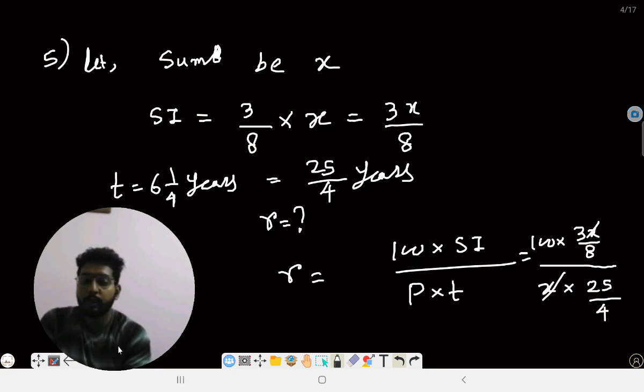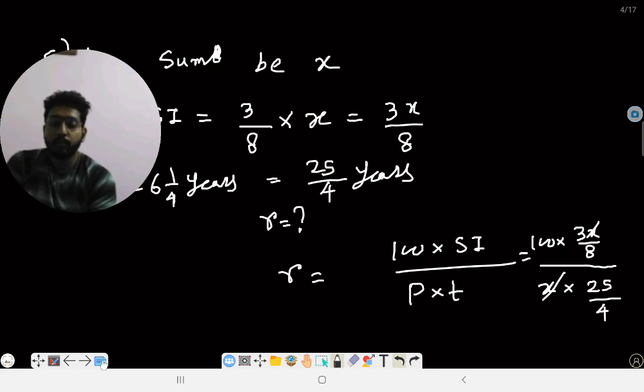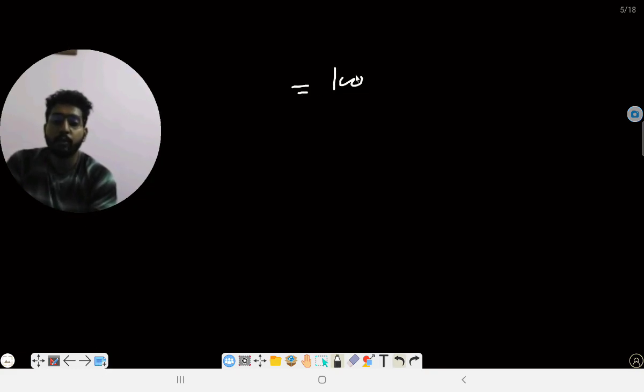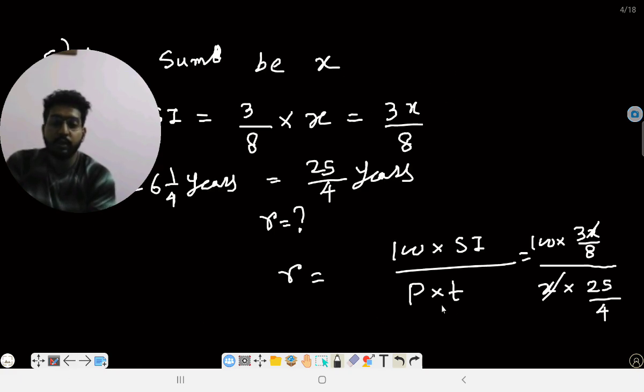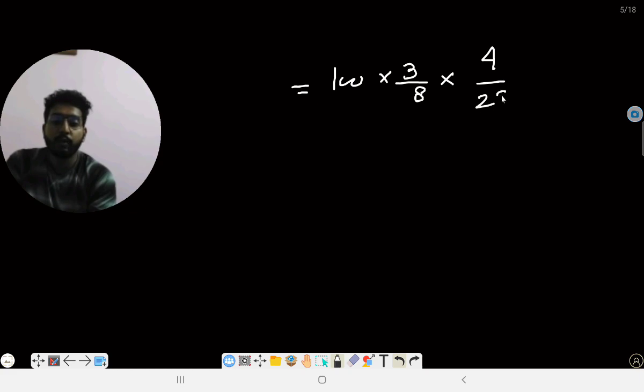So it will become 100 into 3 by 8 into, since there is a division, when division becomes multiplication it will be the reciprocal, that means 25 by 4 will become 4 by 25. Now solve it. By 4 it will be 2 and by 25 it will be 4, and by 2 it will be 2, and 2 3s are 6, that means the rate here is 6 percent.